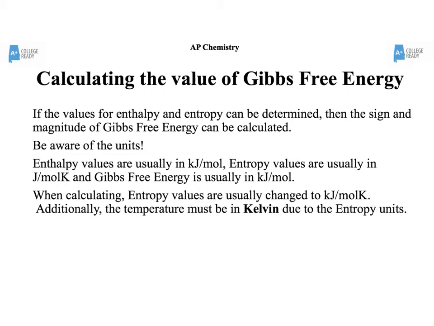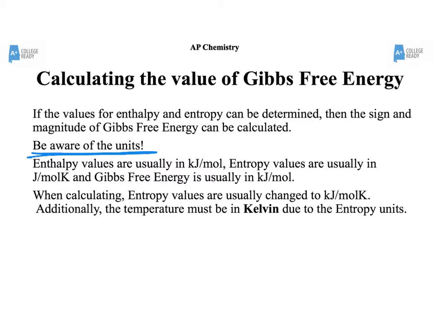All right, what about calculating Gibbs free energy? Well, you've already learned how to calculate enthalpy, and you've learned how to calculate entropy, and if you know how to do those two things, then you know how to do Gibbs free energy. If you know the values of enthalpy and entropy, then the sign and the magnitude of delta G can be calculated. But one of the things you need to be aware of are the units.